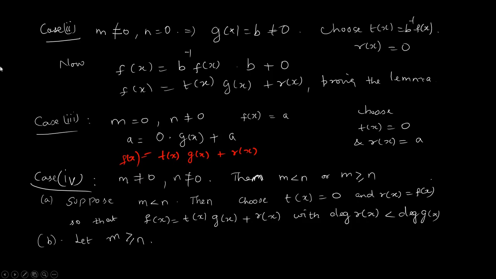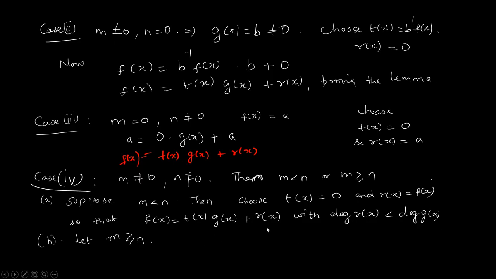In the m less than n case, we are choosing t of x as 0 and r of x as f of x. So f of x is equal to f of x, t of x is 0, so this is correct. And in this case, m is less than n, m denotes the degree of f of x, and n is the degree of g of x. So you have degree of r of x less than degree of g of x.